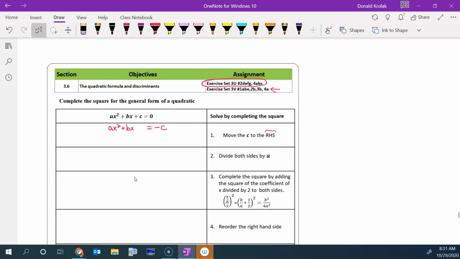Okay, so now divide both sides by A. So I'll have ax squared plus bx equals negative c. And now I'm going to divide everything by a.